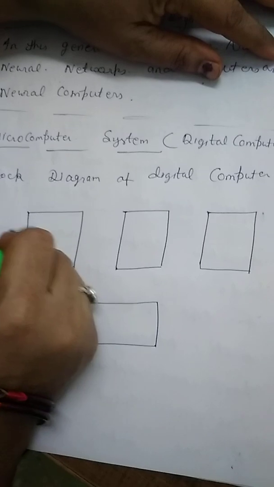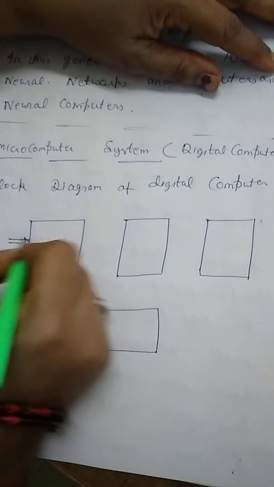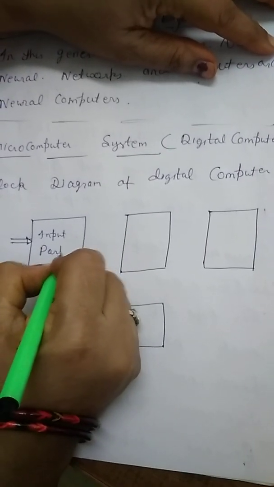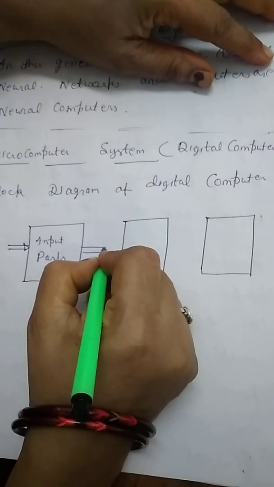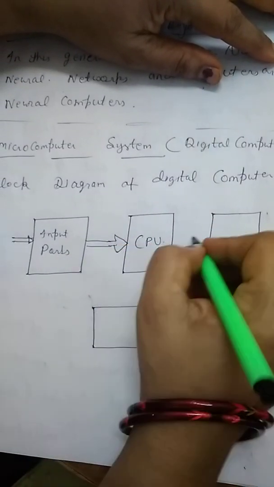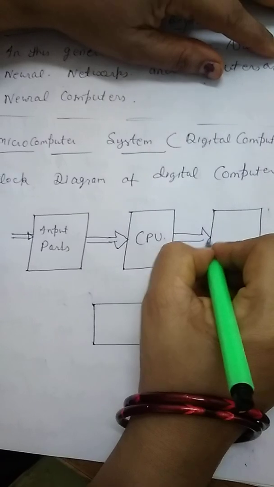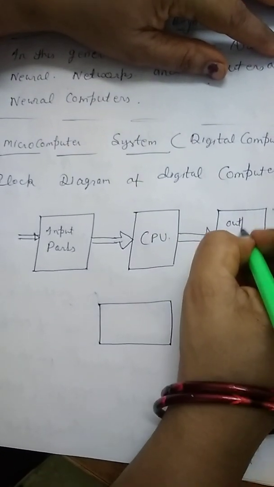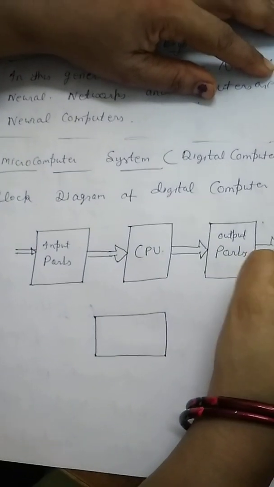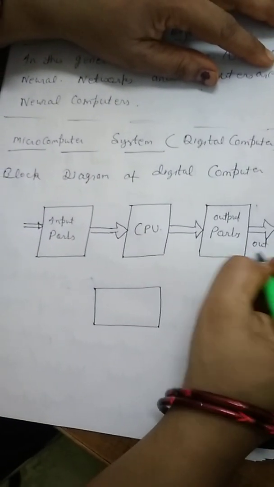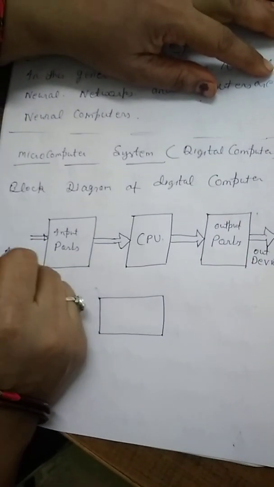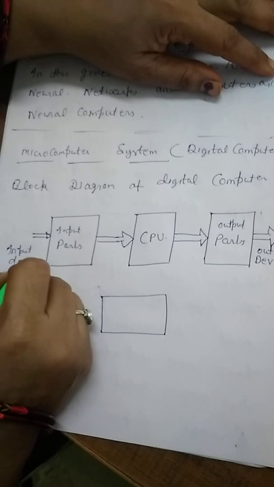This is your input device. Input is given at this point, input ports. This is your CPU, central processing unit. This is your output ports, that is the output devices. These ports are connected to the input devices.